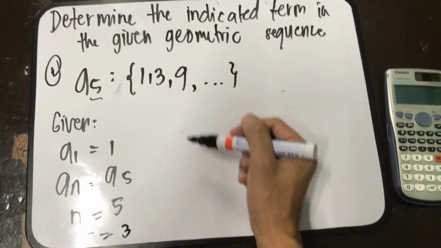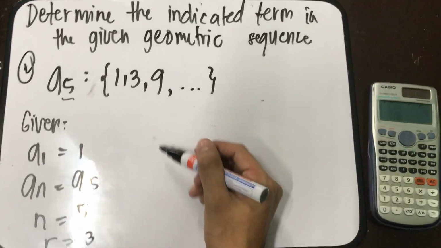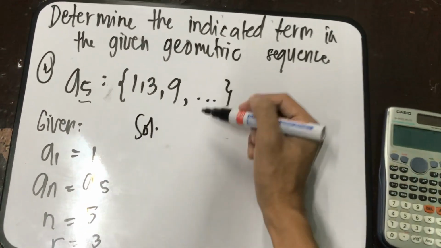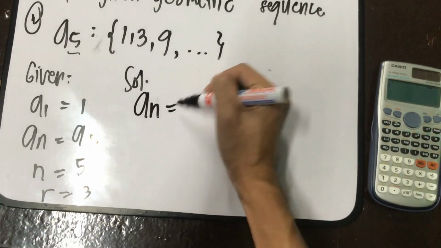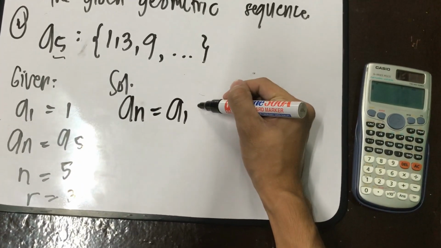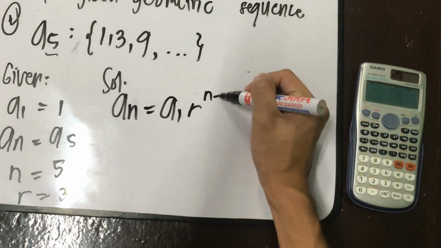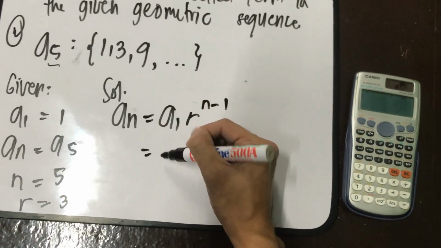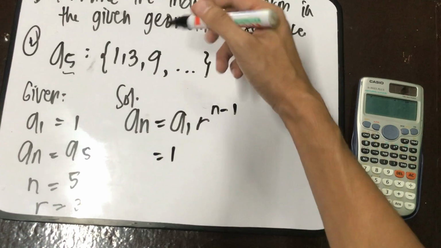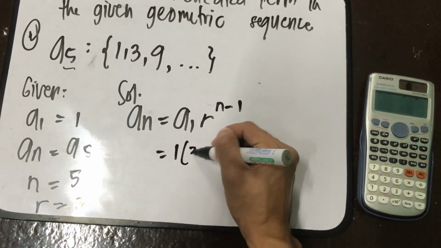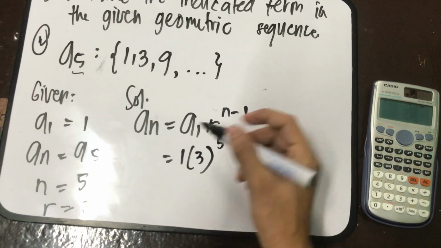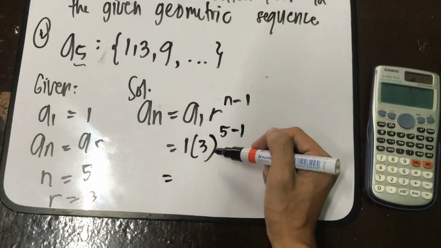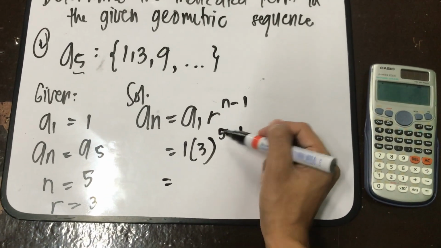Let's use the formula in solving geometric sequence, which is a sub n is equal to a sub 1 times the common ratio raised to n minus 1. So we have 1 multiplied by the common ratio of 3 raised to 5 minus 1. 5 minus 1, that is 4.